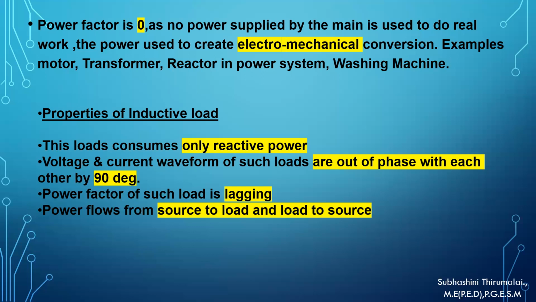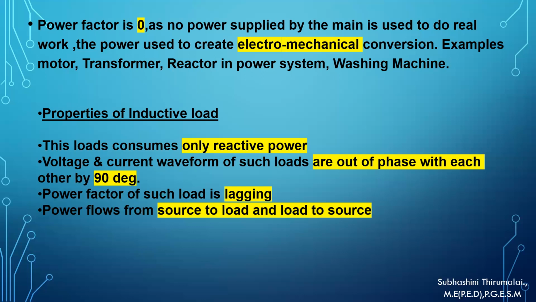So what are the properties of the inductive load? These loads consume only reactive power. Voltage and current waveforms of such loads are out of phase with each other. As we have seen, the current starts after a 90-degree phase angle. So it is lagging, it is out of phase, lagging by 90 degrees. So the power factor of such a load is lagging.